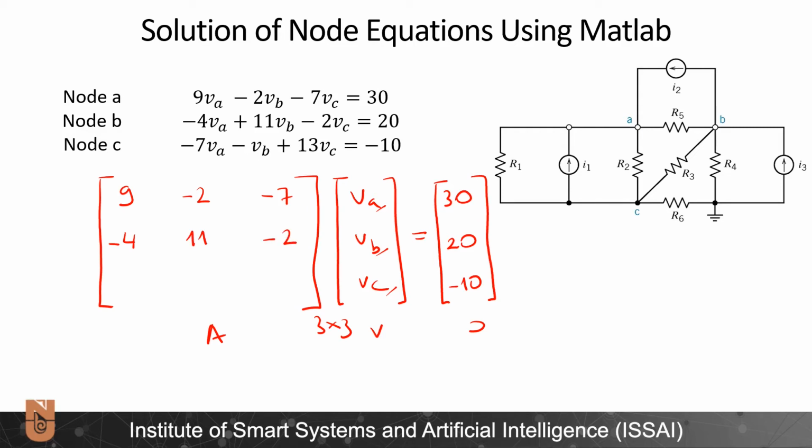And for the third line, I will have minus 7, minus 1, and 13. So how will I solve this? My equation is A times V is equal to B. And I will find the vector of unknowns, which is V, as A inverse times B. We will learn how to do this operation in Matlab shortly.